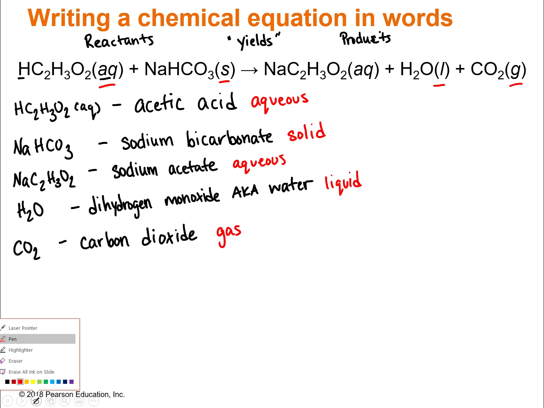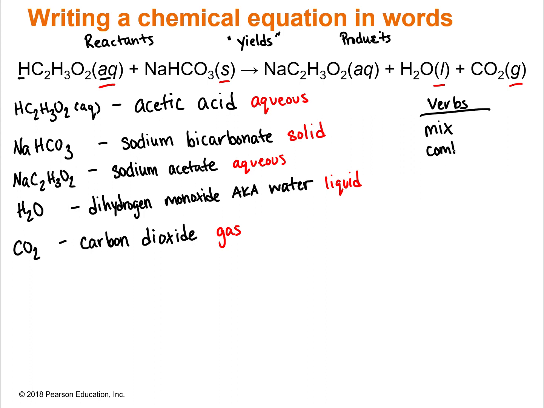When we're putting all this together, we have to mention all of these parts. We'll start with the reactants. Well, what do you do when you're doing chemistry? You mix things together, right? So you can use verbs like, and I'll give you a list here: mix, combined. Those are words that you can use. We've got acetic acid.